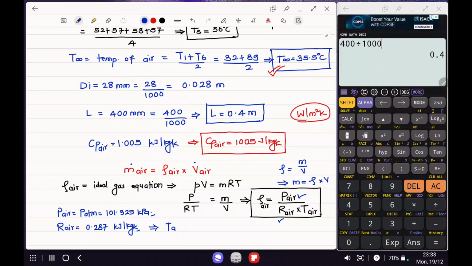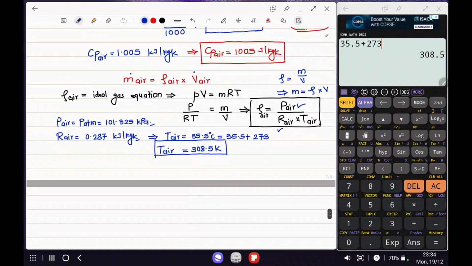So temperature of air is equal to 35.5 degrees Celsius. That is equal to 35.5 plus 273. Now we can calculate this in the calculator. So 35.5 plus 273 gives you 308.5 Kelvin as the temperature of air.